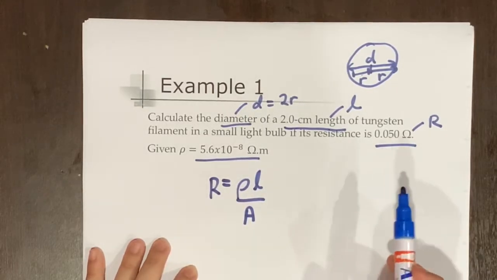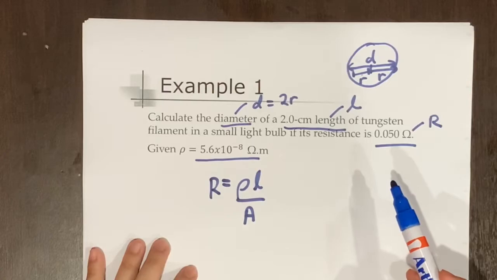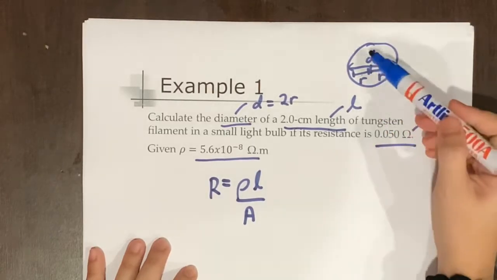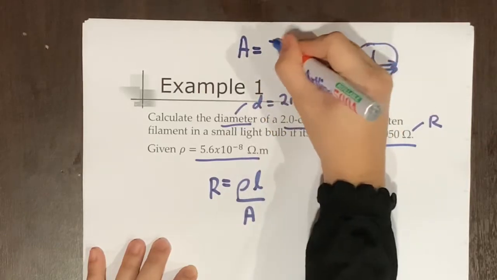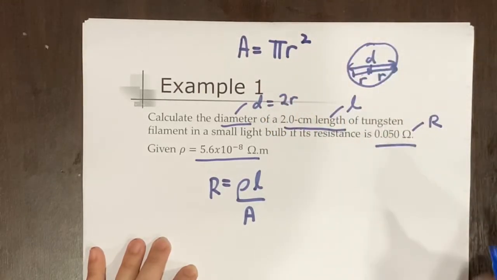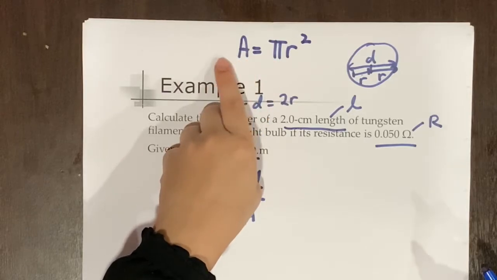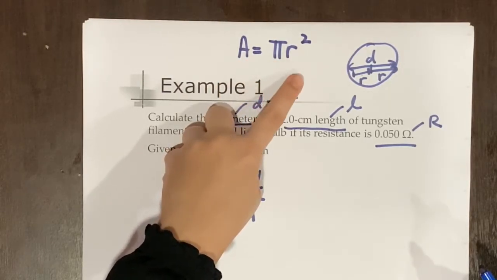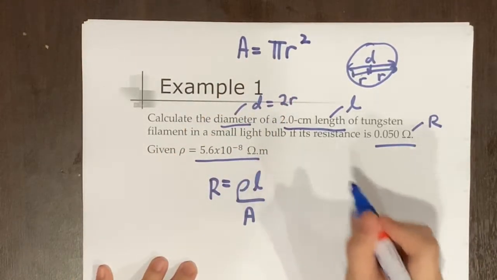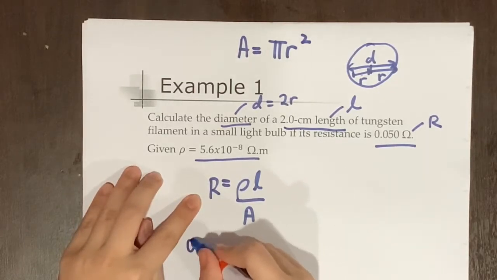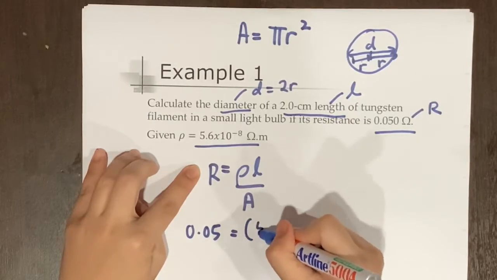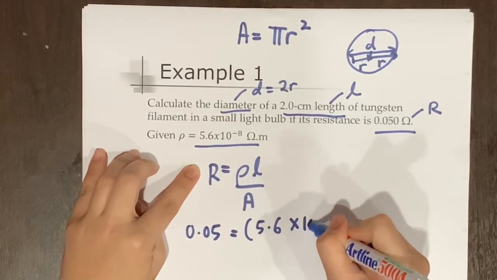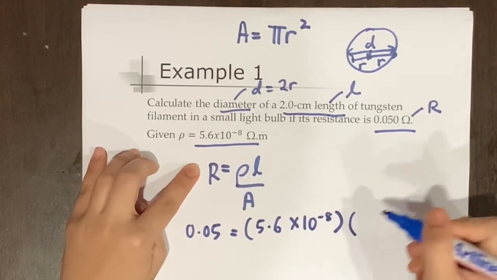But the area of the circle is equal to pi r squared. Please remember this one: area of the circle is pi r squared. So resistance 0.05 is equal to rho, 5.6 times 10 to the negative 8, times length.